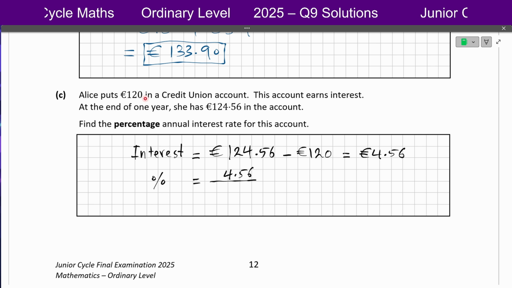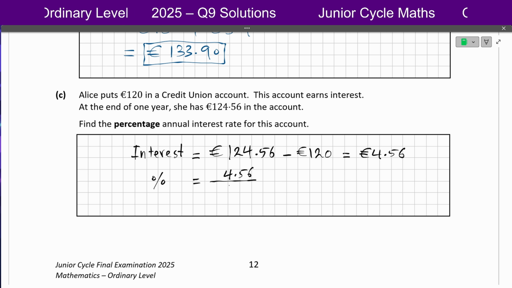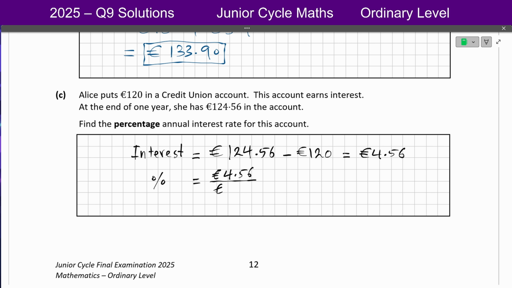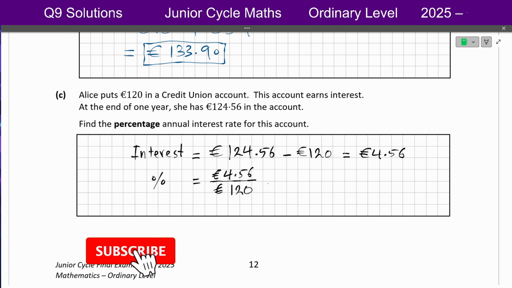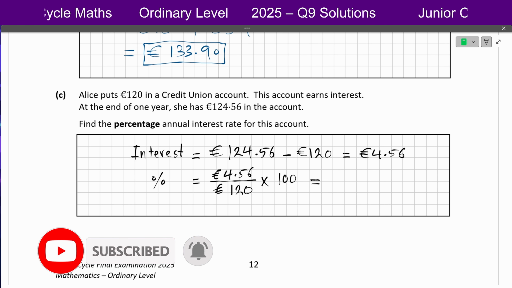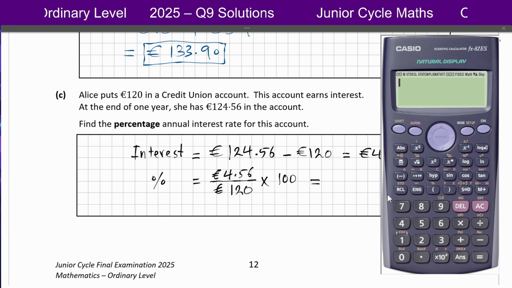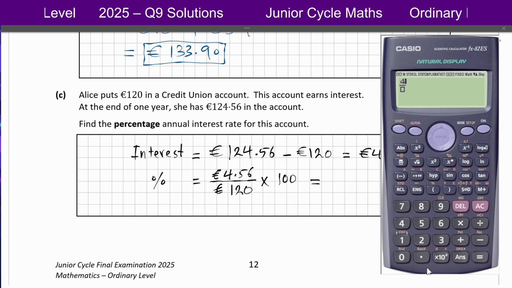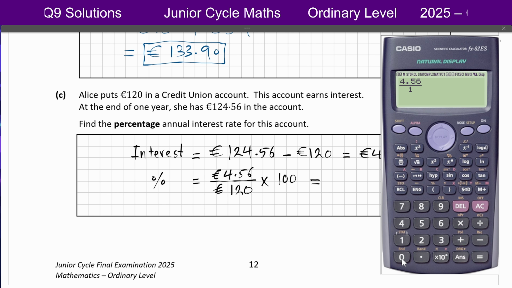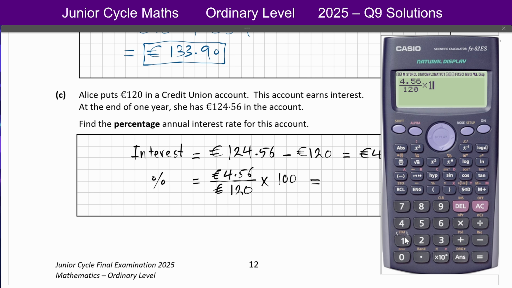Out of 120 euros, and to get the percentage, we multiply it by 100. We can use the calculator to get the answer. We start with the fraction form: 4.56 over 120, and then times 100.